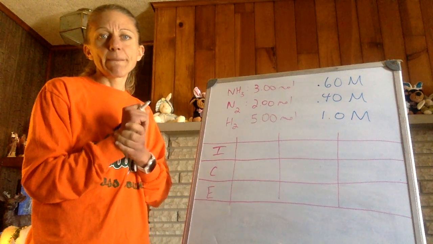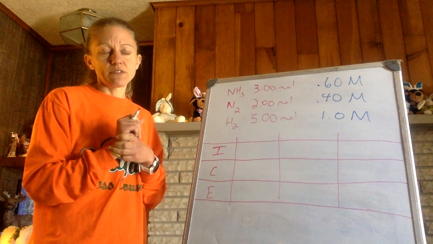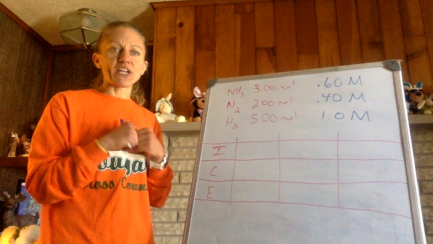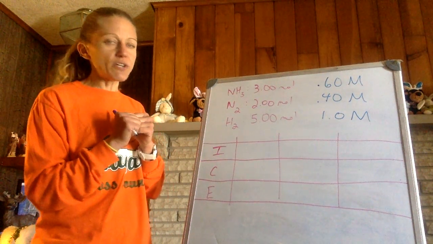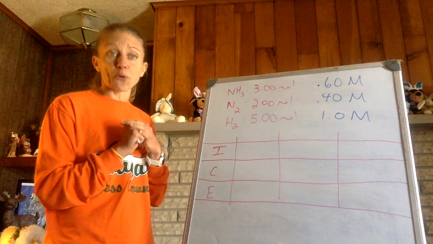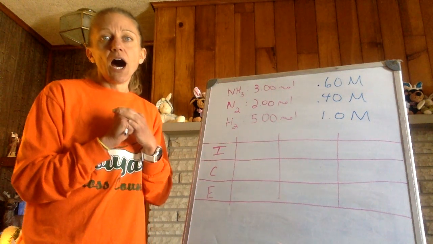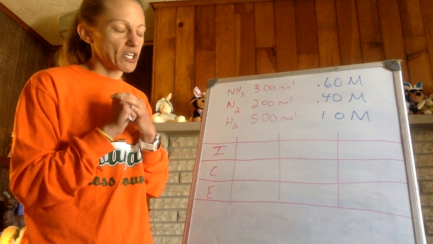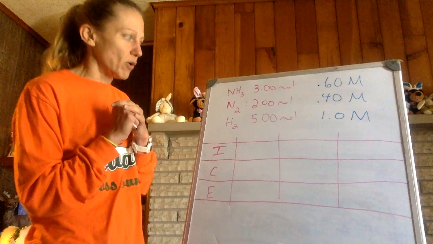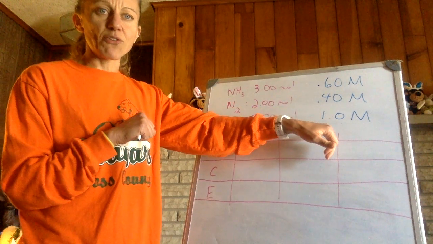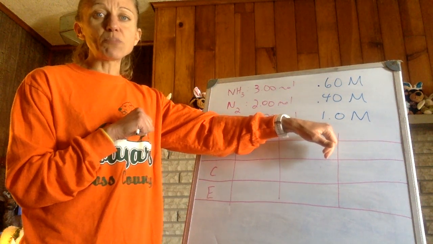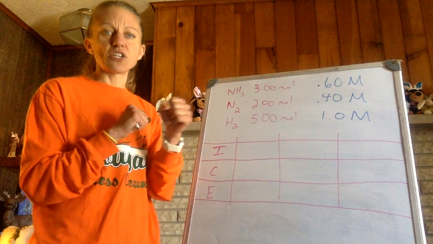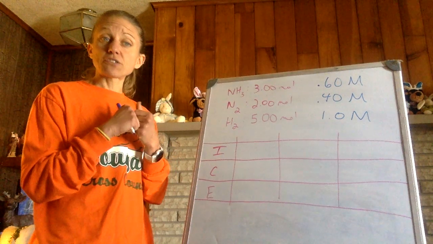So there we go. It says to write the reaction. I need to know whether I'm making NH3 or breaking down NH3. So I look at these, and there's a little more information in the problem that's going to set it up. It says that my equilibrium concentration of hydrogen is 0.352 molar. It's way lower than that here. So I must be using hydrogen, and that's where I get the reaction N2 plus 3H2.